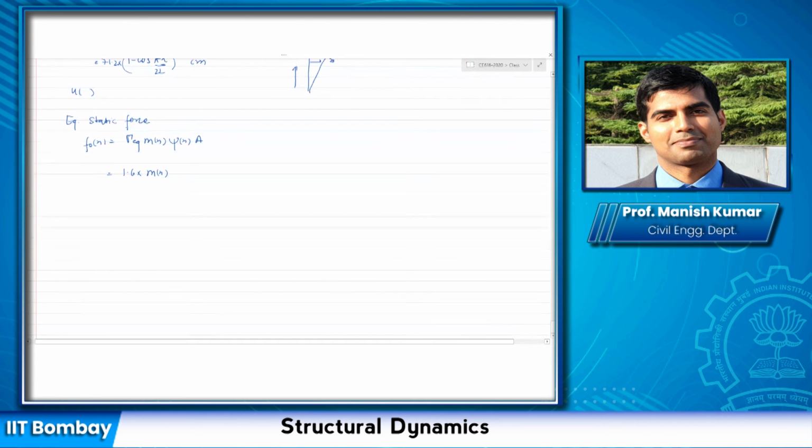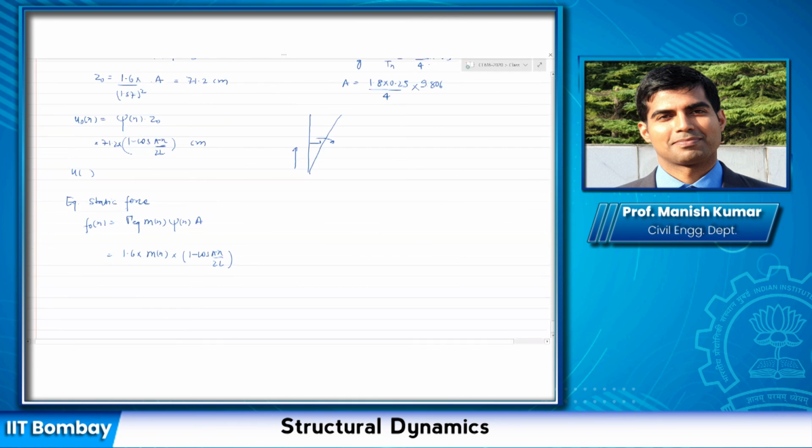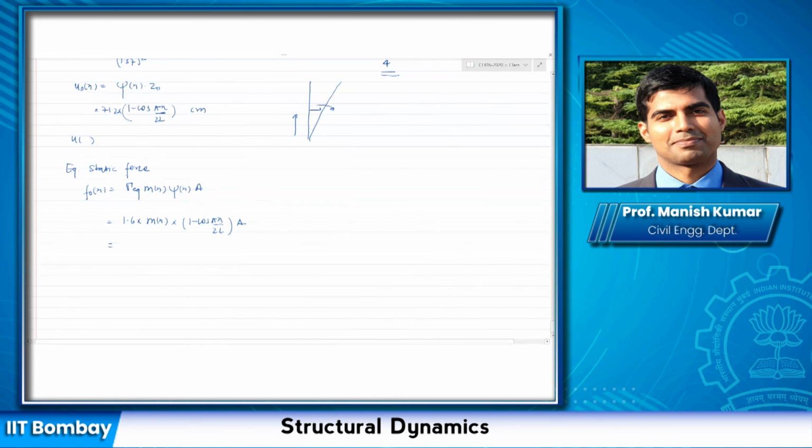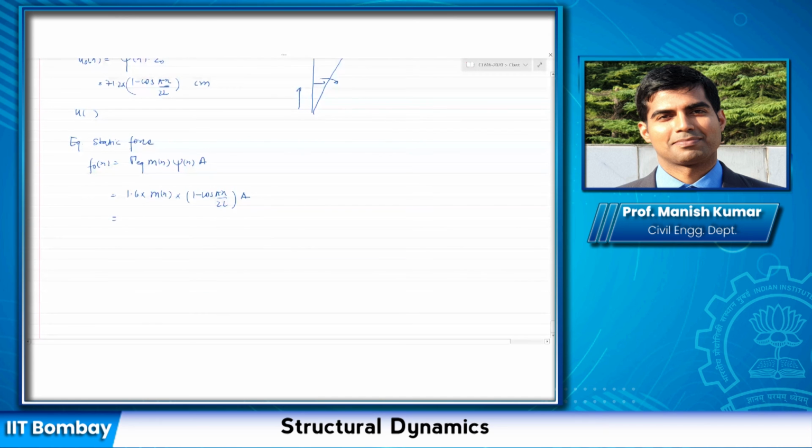Phi x is already known to me, cos pi x by 12. And A is already known to me from here. So we can substitute this value, and this comes out to be around 199.8 times 1 minus cos pi x by 12 kilonewton per meter.